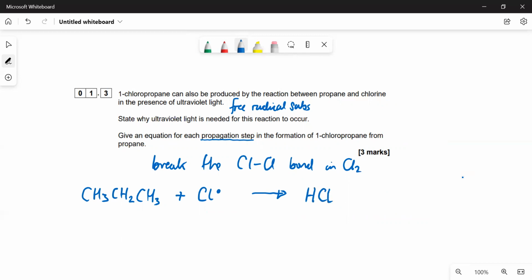That's not a free radical anymore. The electrons are paired up in the bond between the hydrogen and the chlorine there. One electron from the chlorine, one from the hydrogen, but that of course is going to leave the alkane behind as a free radical because it's lost a hydrogen with its electron, so the carbon has an unpaired electron.